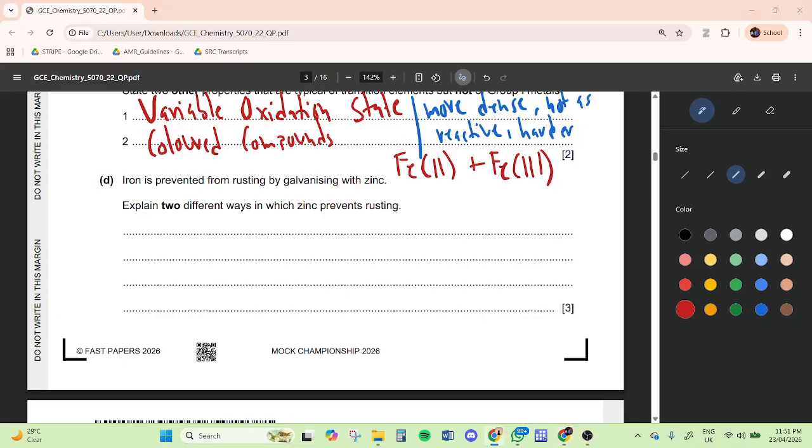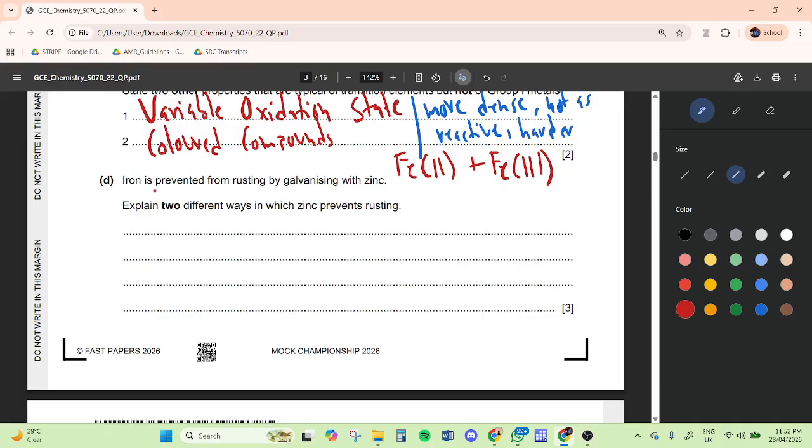So obviously the one that you can talk about is zinc prevents oxygen from reaching the surface of iron, and it also prevents water from reaching the surface of iron. And the other thing is that zinc corrodes in preference to iron. So what does that mean? Because zinc is more reactive than iron, whenever oxygen comes in contact with the two, it will always prefer to react with zinc over iron.